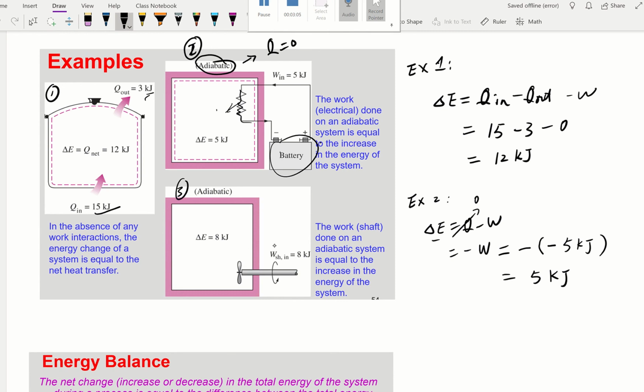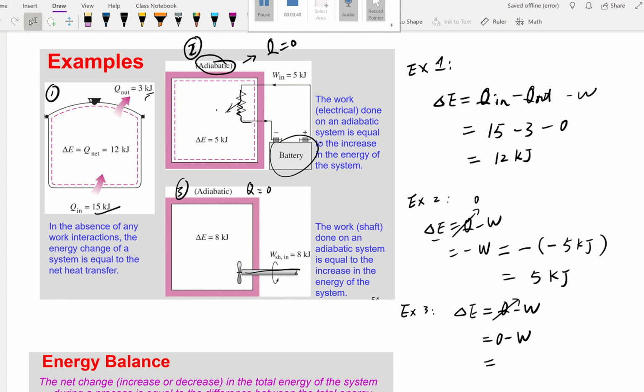Now let's look at example 3. There's a fan here, and that's connected to this shaft. Again, this is an adiabatic system, which means Q equal to 0. We start with the same governing equation, delta E equals Q minus W. Since it's adiabatic, Q is equal to 0, so 0 minus W. And again, use the sign convention for work.